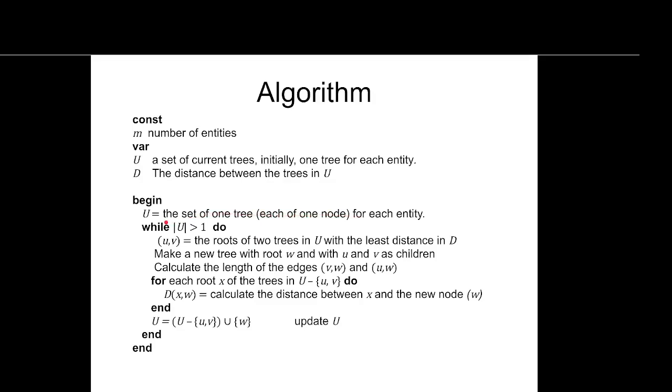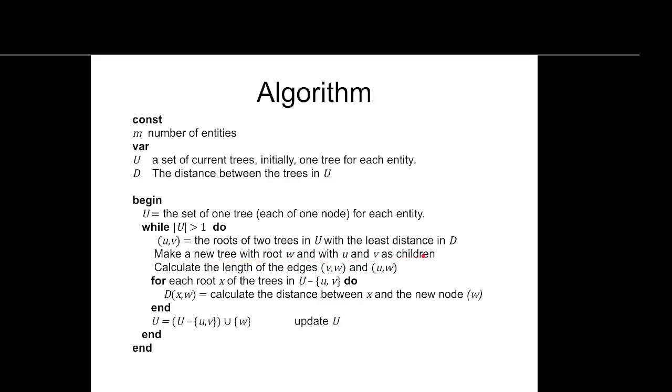And while the size of U is greater than 1, we pick U and V, the roots of the 2 trees in U with the smallest distance in D. And we make a new tree with a root W and U and V as children.